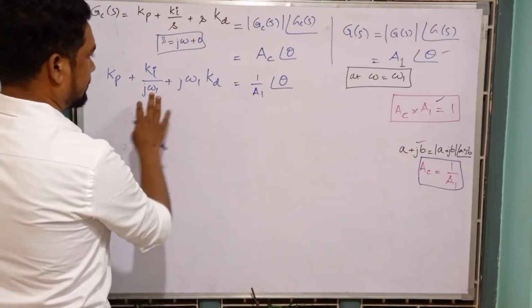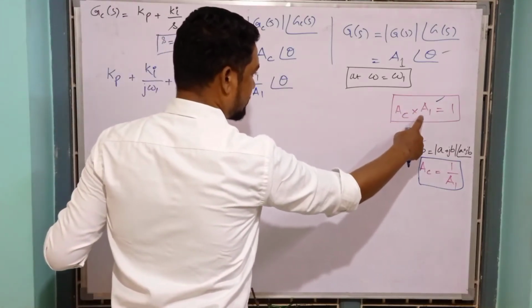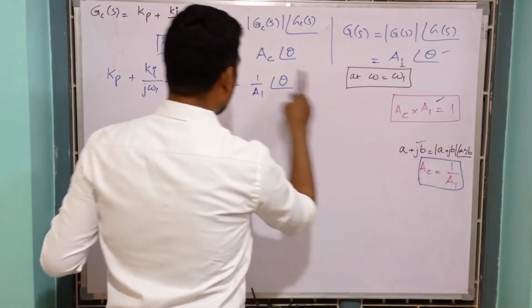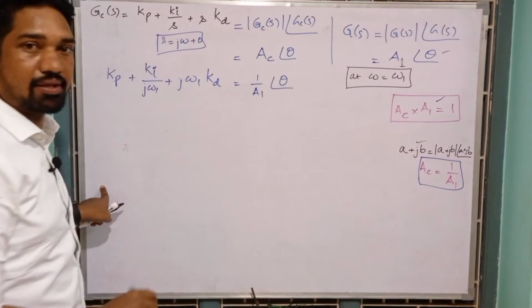So guys, this is the final transformation. How did we get this one? From this design, we have AC equal to 1 by A1. So plugging in the value of AC equal to 1 by A1 over here, and theta as it is, the phase angle, right?